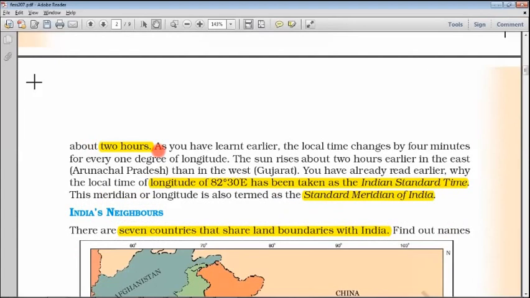From the easternmost point to the westernmost point, you have 2 hours of difference in India. But for convenience, we have only one standard longitude, that is 82 degrees 30 minutes east, which is taken as the Indian Standard Time. This is called the standard meridian of India for the sake of convenience. We already studied this, IST.